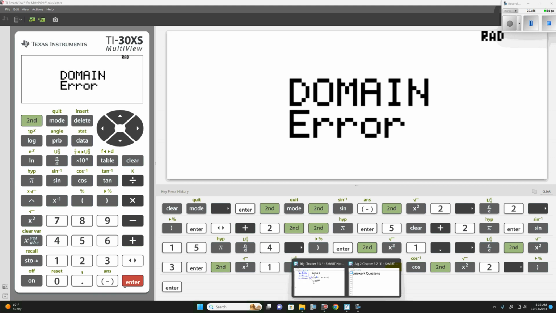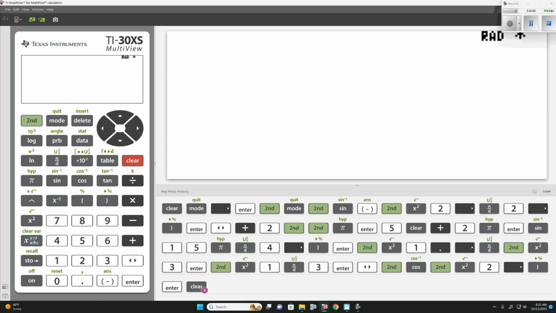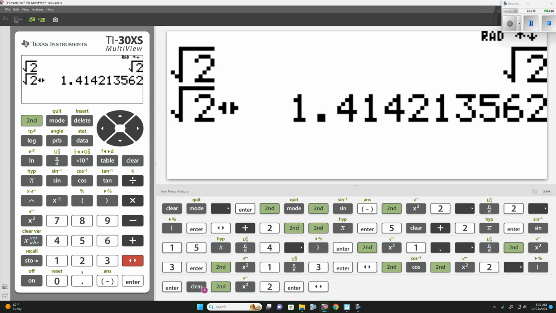okay, that threw up an error. Let's see why. We said that cosine or sine of any angle can be at most 1 or -1. It can't be bigger or smaller than that. And if we look at square root of 2 as a number, it's 1.4 going on.